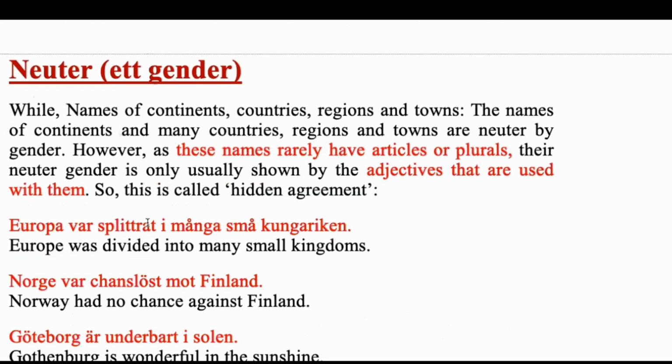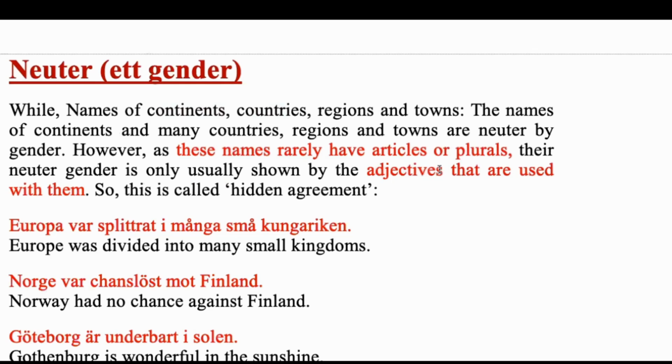Next we have ett gender. So names of continents, countries, regions, and towns basically come in this category in ett gender. We don't write articles basically with countries, regions and towns. But we can use these genders when we make adjectives or plurals.